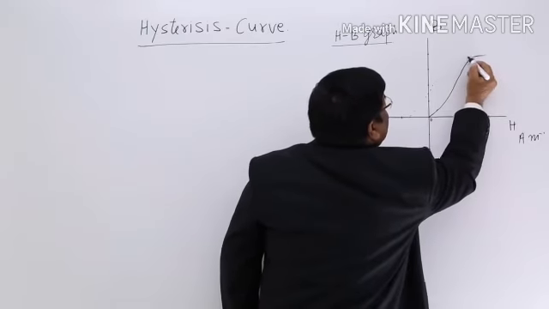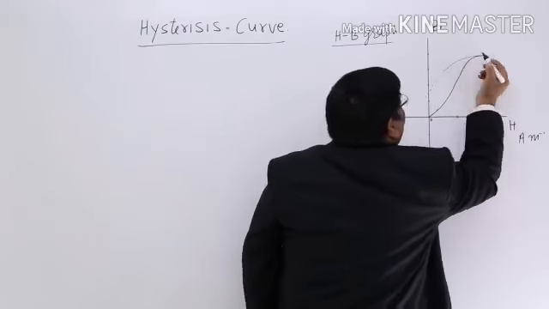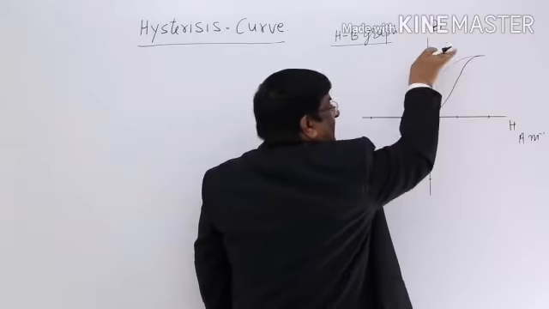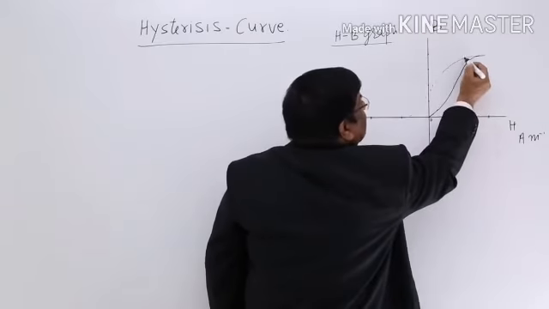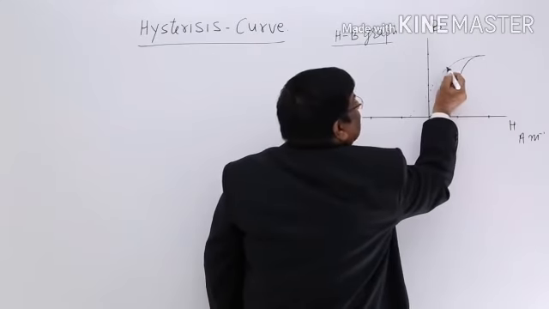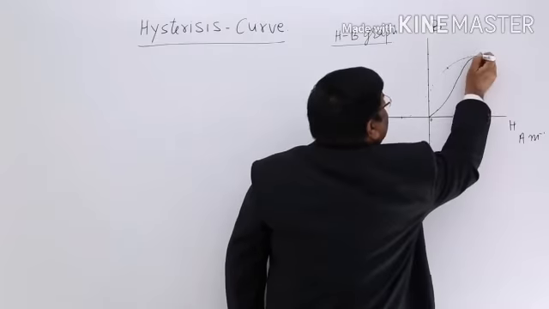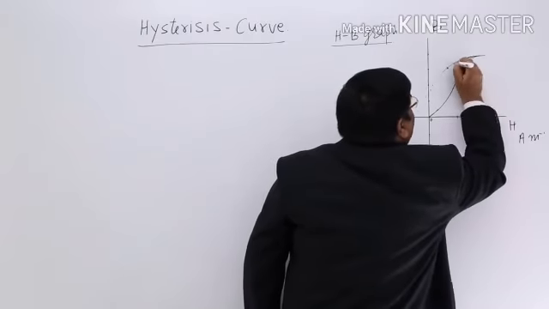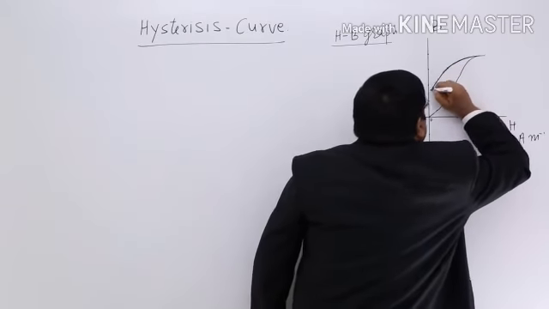When H is this much, B is this much. So we make a graph this way.